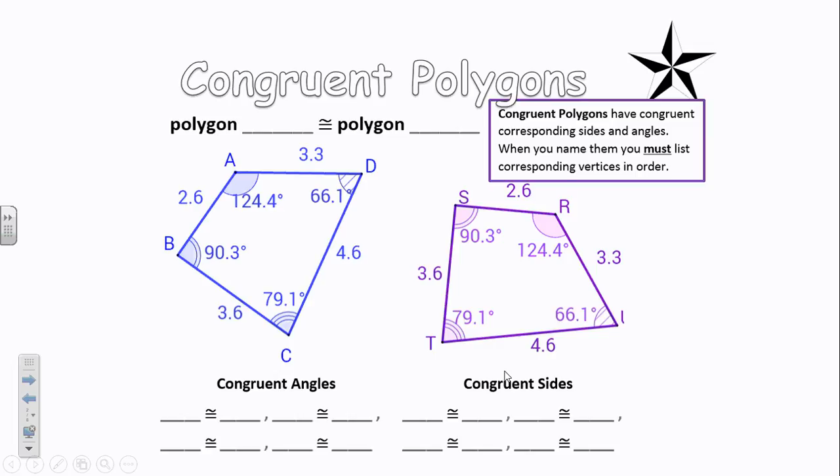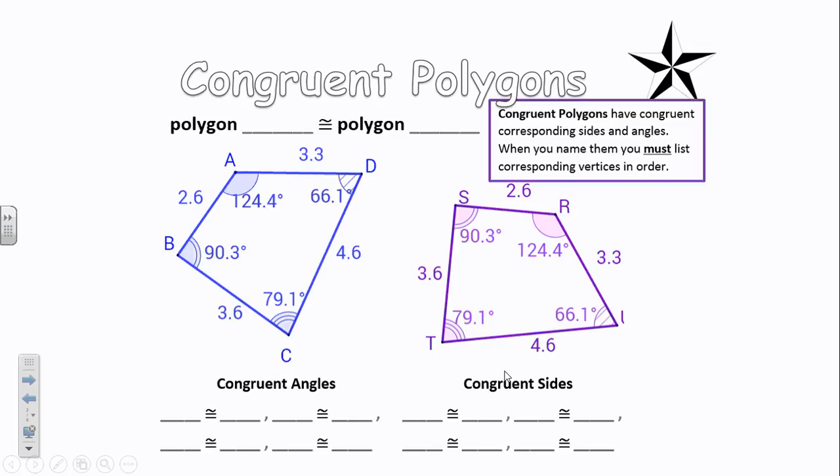Okay? So we have two polygons here, and because of the way that the projector skews things, they don't necessarily look congruent. On your sheet, they should look congruent though. So when we want to name these two polygons, how should we name the first one? BADC?